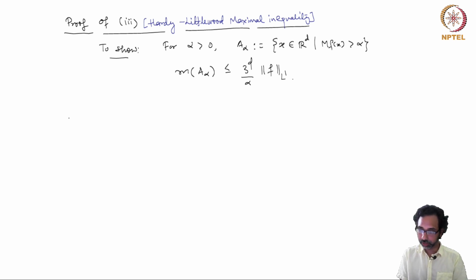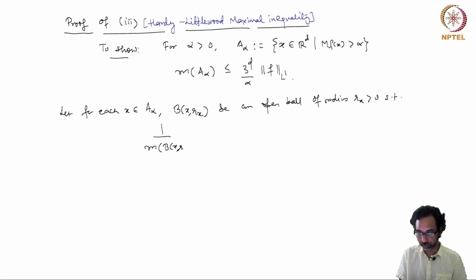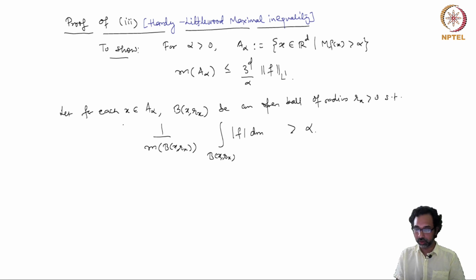So let for each x in A alpha, B(x, rx) be an open ball of radius rx positive such that we have 1 over measure of B(x, rx) integral over B(x, rx) mod f dm is greater than alpha, because if x is in A alpha, you can always find such a radius rx.